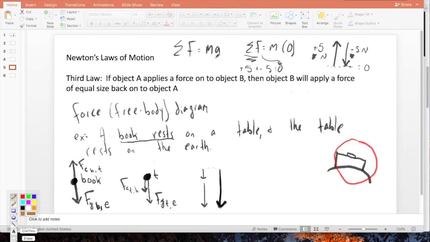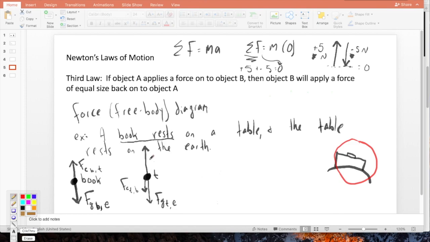Is the table accelerating downward? No, it's not. It's not moving. The table is at rest. So what do I have to have? I have to have a force opposing both of these. I have to have a force that balances out both of these. So I have to have an upward force so that the net overall total force is 0.